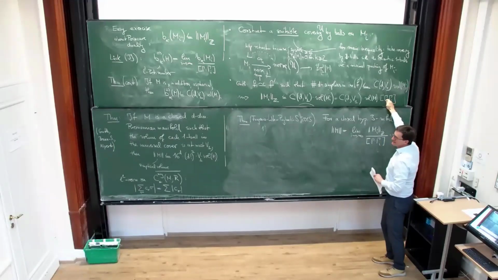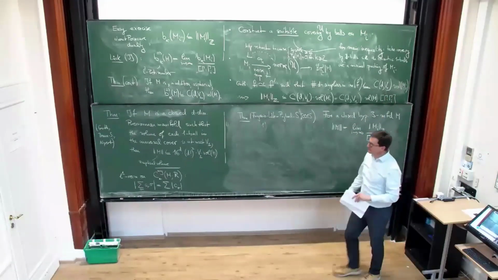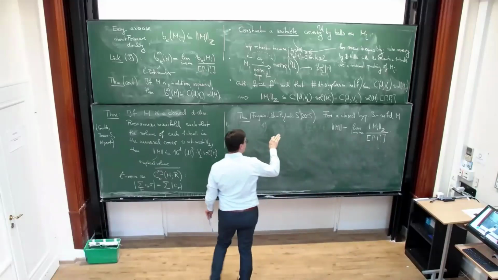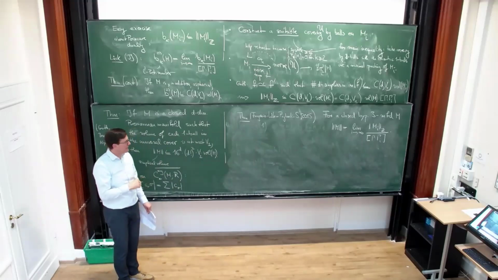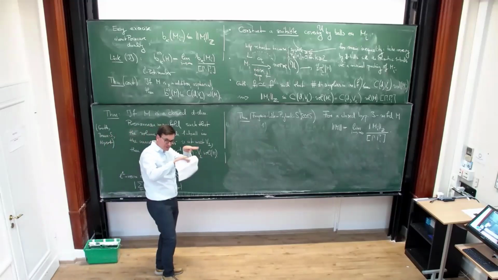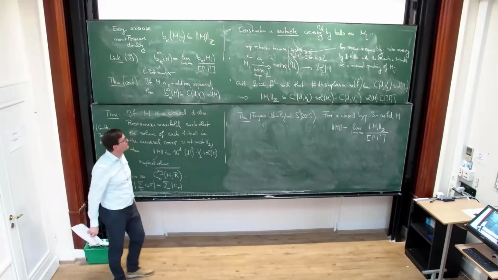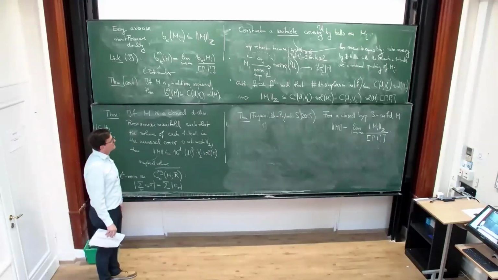So this is a very specific theorem for hyperbolic three-manifolds. It is incorrect for four-dimensional hyperbolic manifolds or higher, but there is still a kind of universal constants that estimate the two invariants.